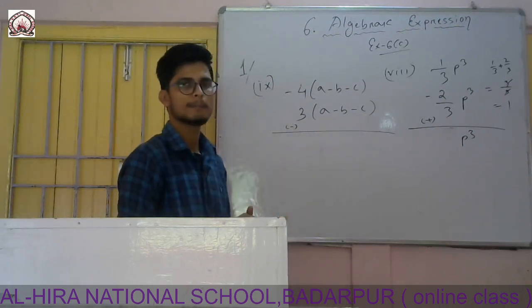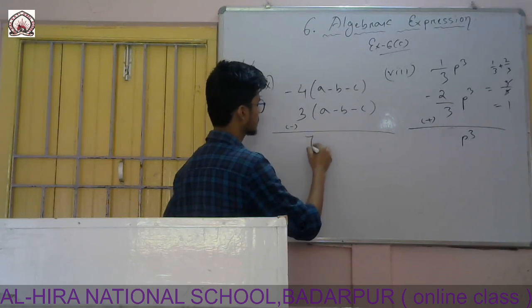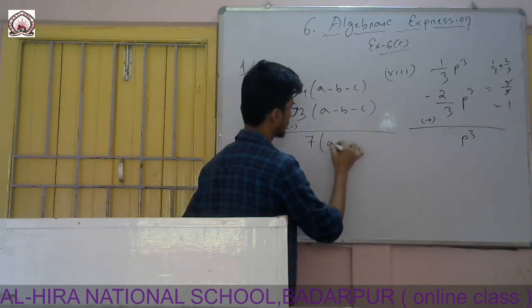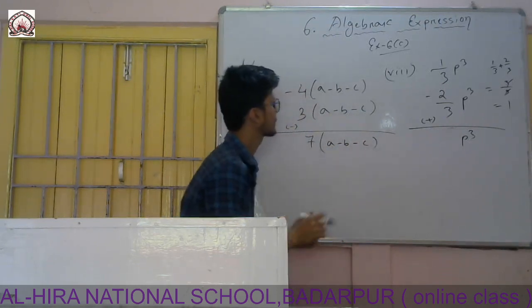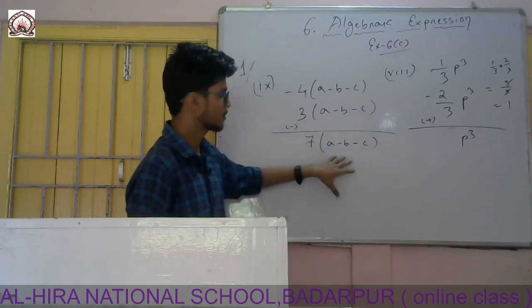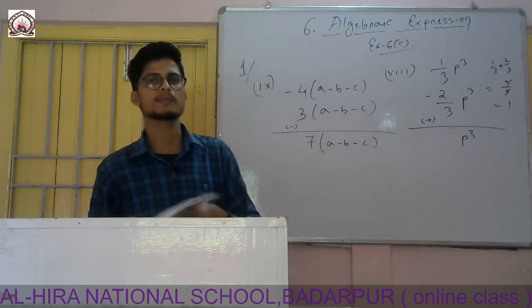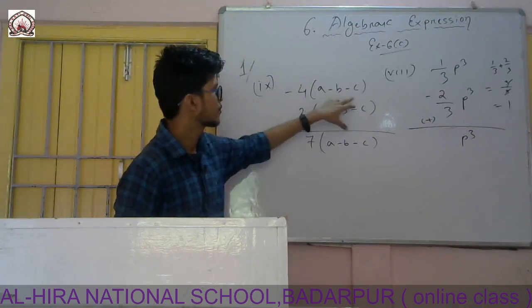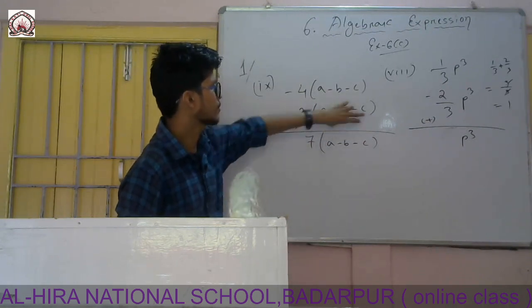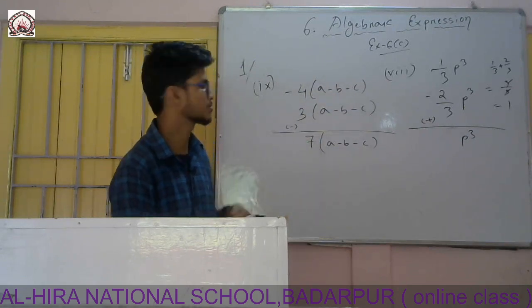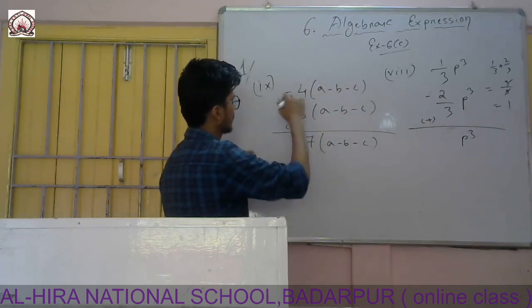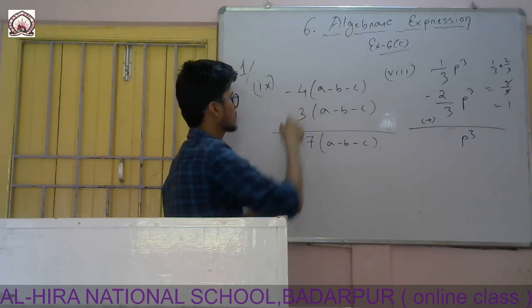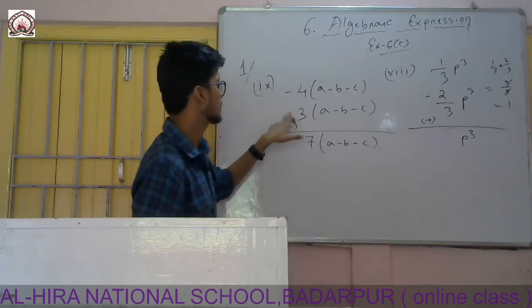Minus, minus, it is plus. So 4 plus 3 is 7. This variable part will be the same in this case also. So minus 7a minus b minus c. Since the terms inside the bracket are the same in both, I simply kept them the same, and I did the subtraction on the minus 4 part, and after changing the sign it became minus.